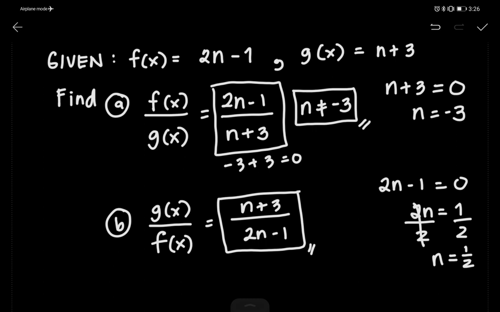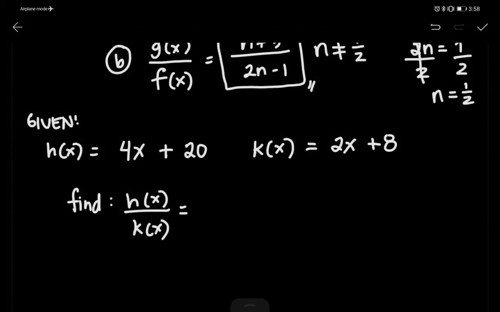That is why our restriction is that n must not equal 1/2. Okay, so this is now our answer. In A, we have 2n minus 1 all over n plus 3, where n must not equal negative 3. And in B, we have n plus 3 all over 2n minus 1, where n must not equal 1/2.